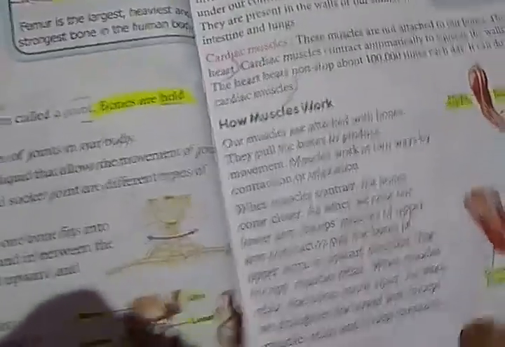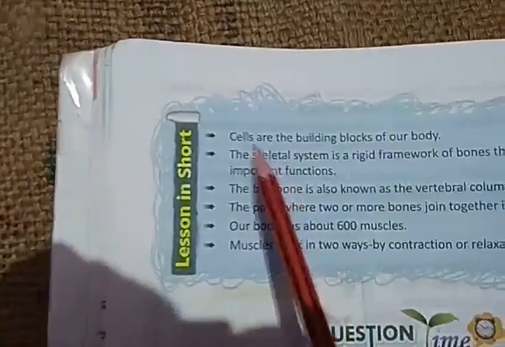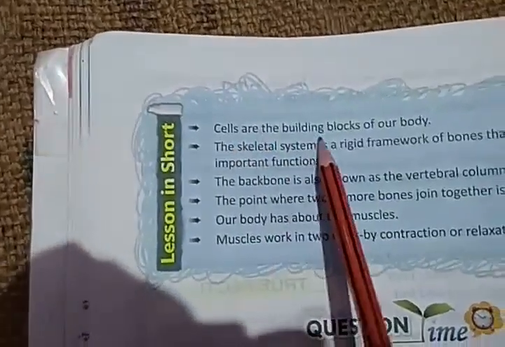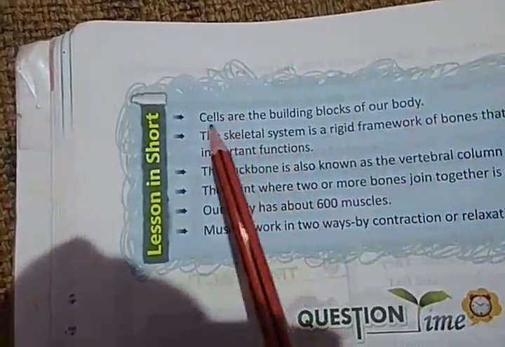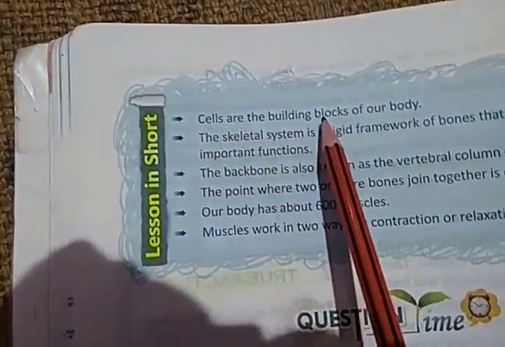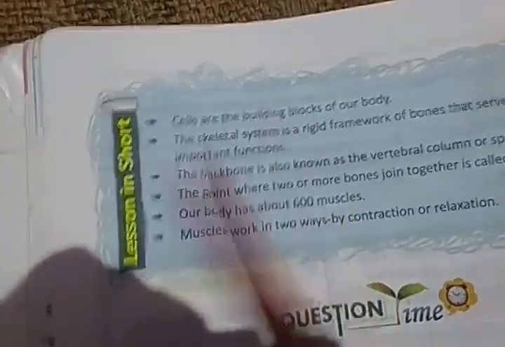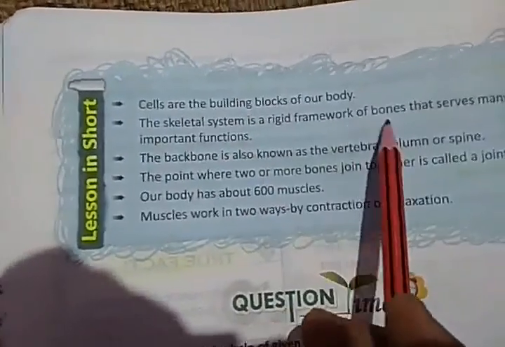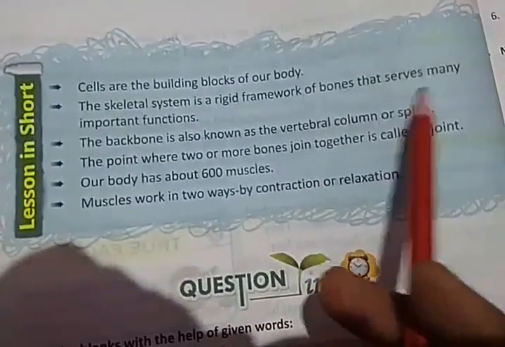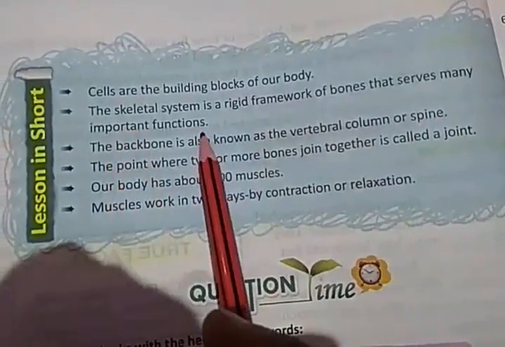Now we will see the summary of this chapter. Cells are the building blocks of our body. Means our body is made up of millions of tiny cells. The skeletal system is a rigid framework of bones that serves many important functions.